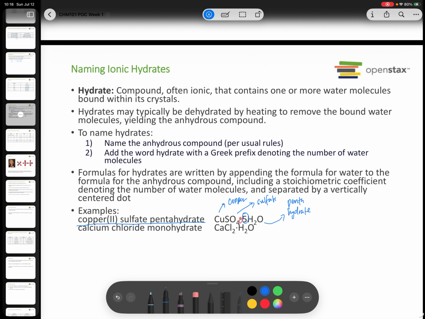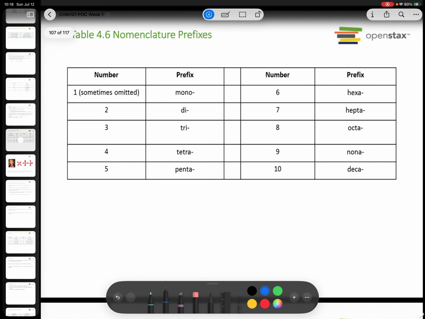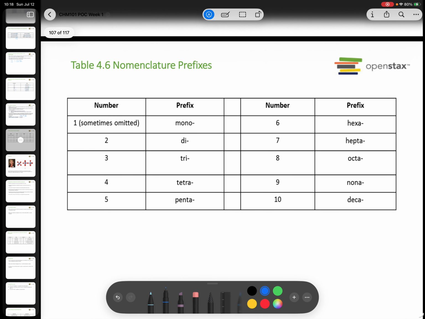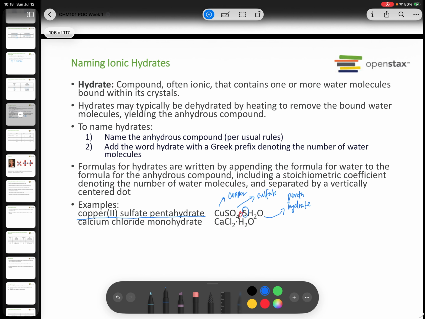So, we have dihydrate, trihydrate, pentahydrate, decahydrate. Okay? Mga ganun. So, kapag 1 ang coefficient dun sa ating water molecule, sometimes hindi na sinusulat yung 1, like this, no?